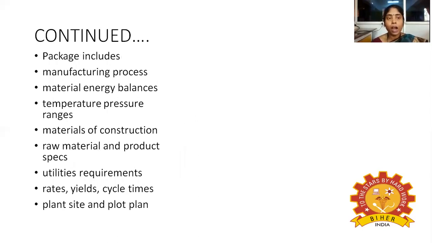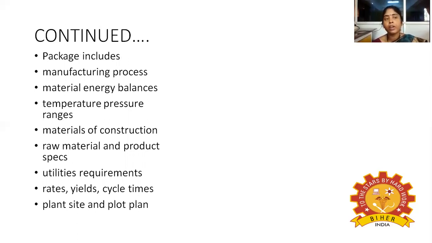The next part also includes how we are going to process a product that has been produced through a particular unit operation or bioprocess, or in any scale of industry. It also includes packages. Then how we are going to pack those materials for transportation, how we are going to do the shipping, and how we are going to do the transportation, whether by land, air or water mode of transport.